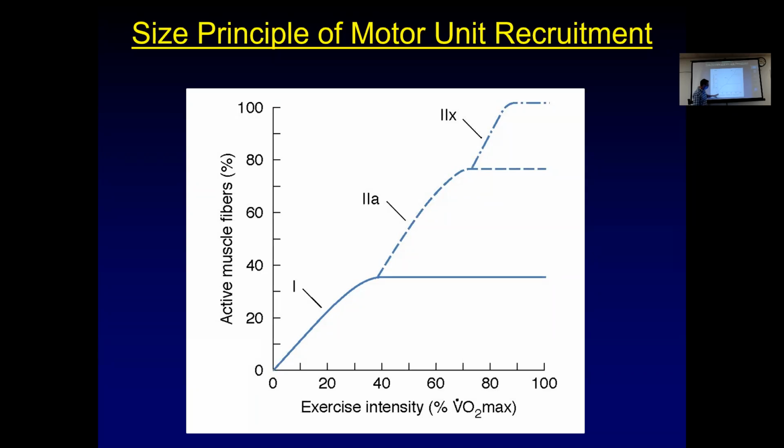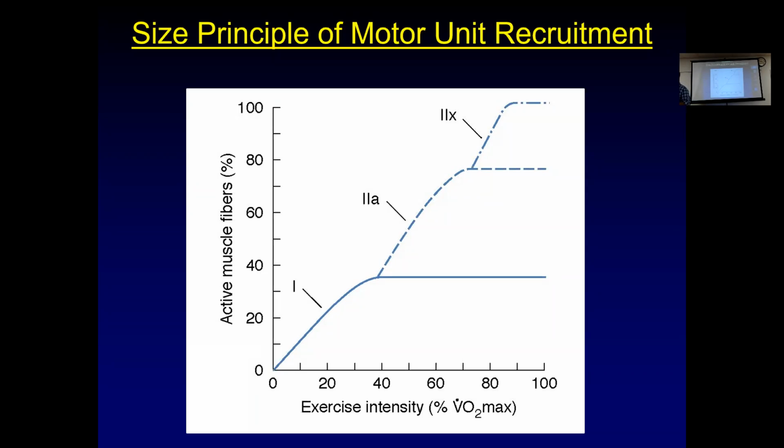As I get closer and closer to max, I must recruit more and more muscle fibers. At a given contraction intensity, I may recruit all of my type 1s and then some type 2, maybe all of my type 1s and almost all of my type 2As. And then if I want to do a maximal contraction, I may recruit all of these and then some of my type 2X fibers.